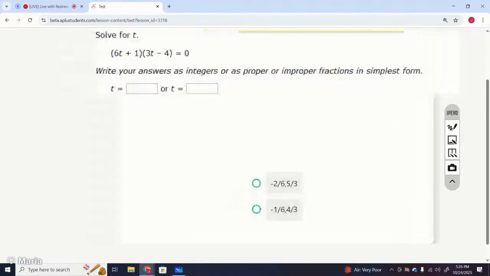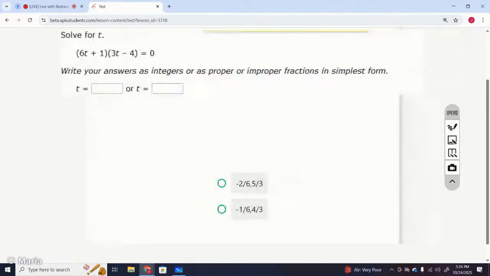Option number 2 is the correct option. 6t plus 1 and 3t minus 4 is 0.